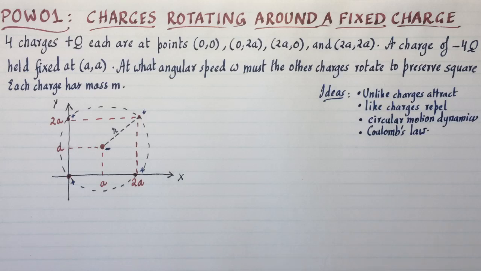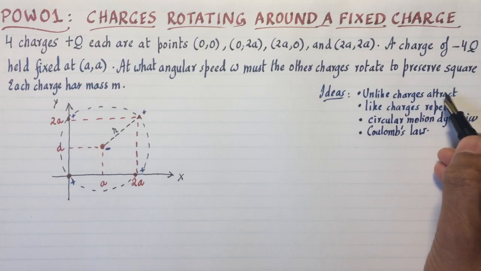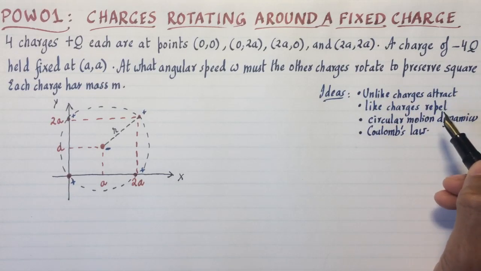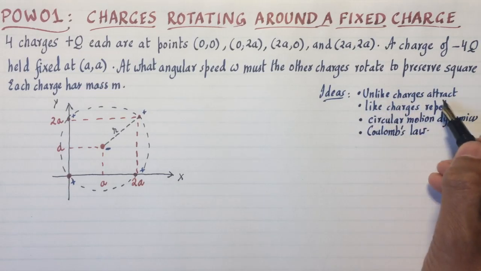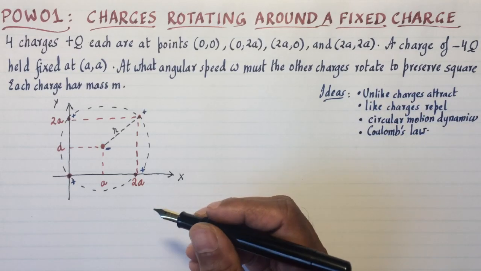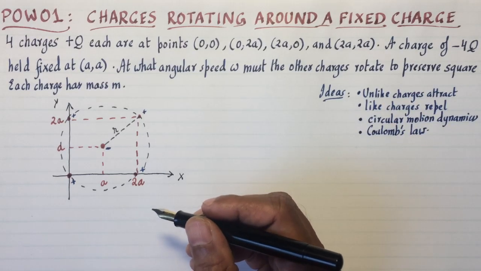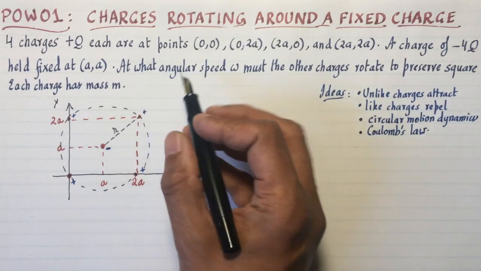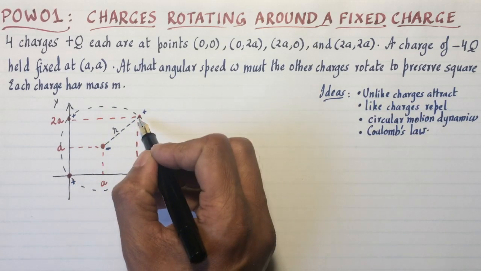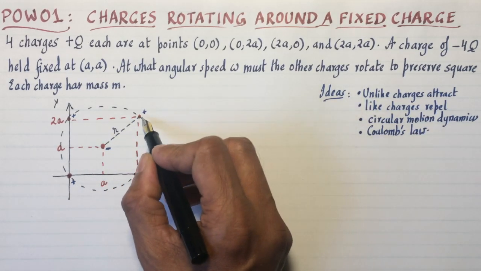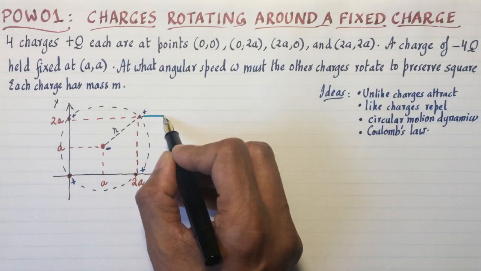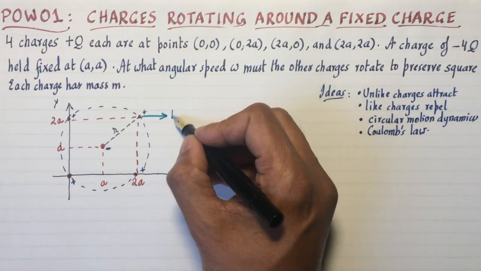We have to draw the forces. I always like to implement like charges repel and unlike charges attract using diagrams. So let's do that. These two are going to repel over a distance 2a. So I'll draw that force like this. I'll call it F1.